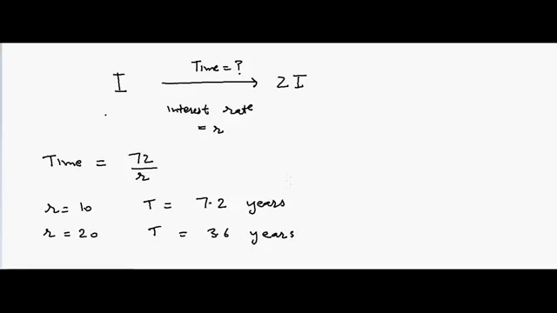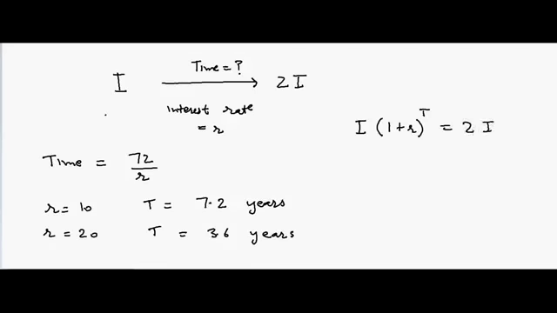So how does this rule work? Let's try to solve this problem in a regular way. Suppose we have investment I, and we have interest rate 1 plus R, and we invested for t years. So that should be equal to 2I.